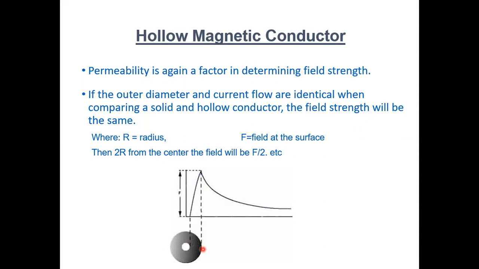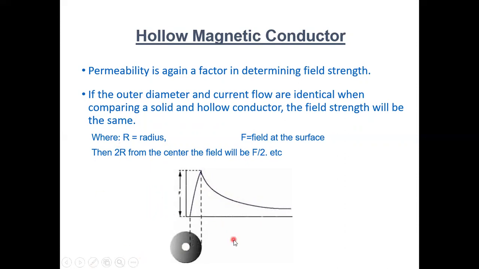Permeability is again a factor in determining field strength. If the outside diameter and the current flow are identical when comparing a solid and hollow conductor, the field strength will be the same. Means whether you use a solid or hollow conductor, outside the conductor the field will be the same, because outside the conductor there is air in both cases. The permeability of air is the same in both cases, so we get the same field.